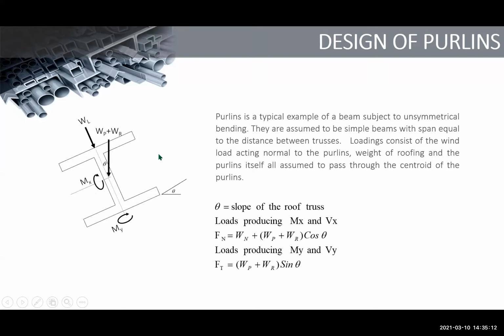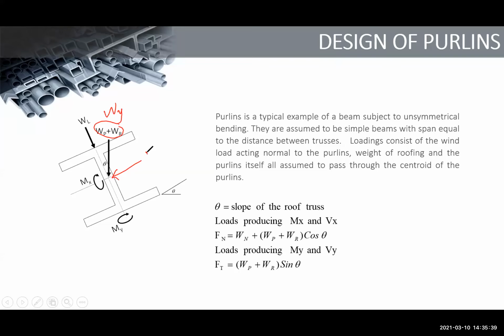Nasaan galing yung tangential load? Kasi di ba yung purlins is inclined, ganito yung itsura niya, no? Kapag inclined siya, of course, yung vertical load, at an angle theta, meron din niyang component, di ba?